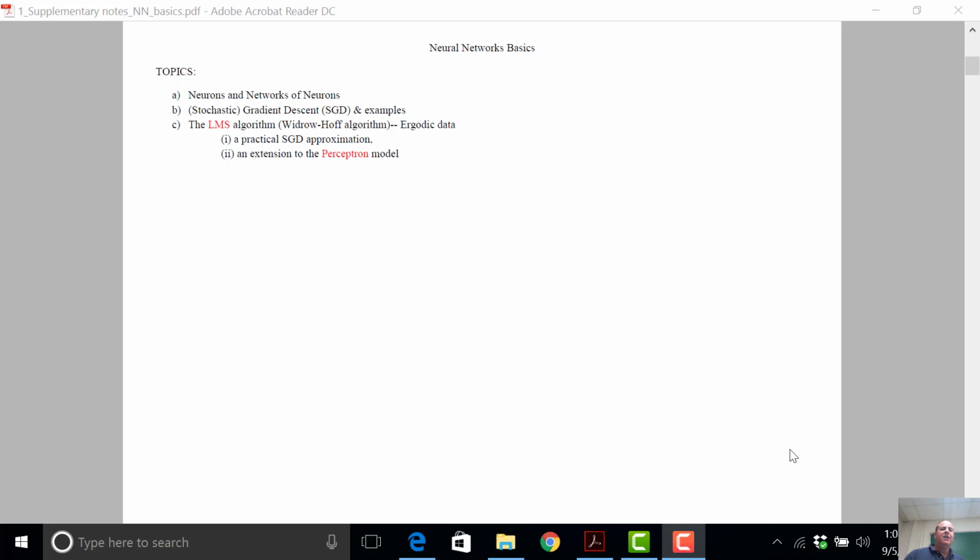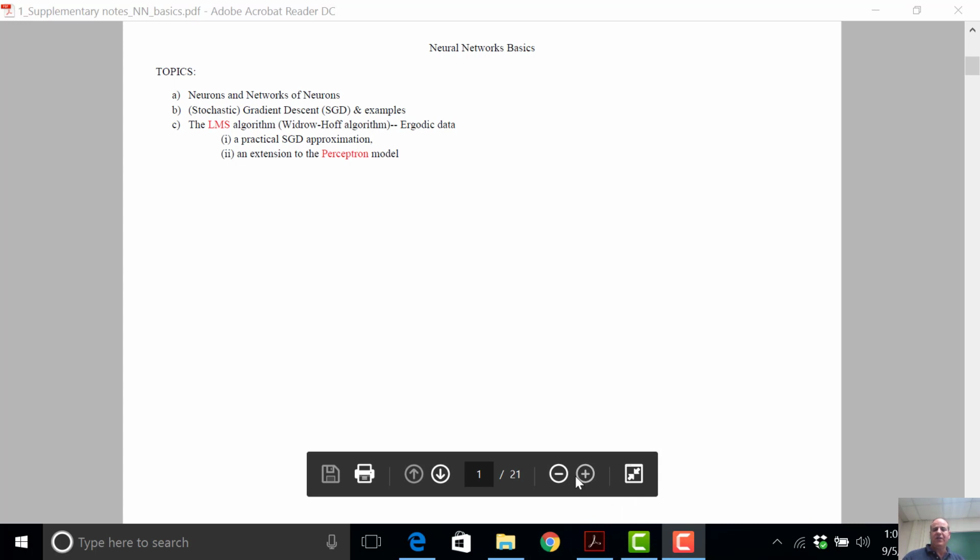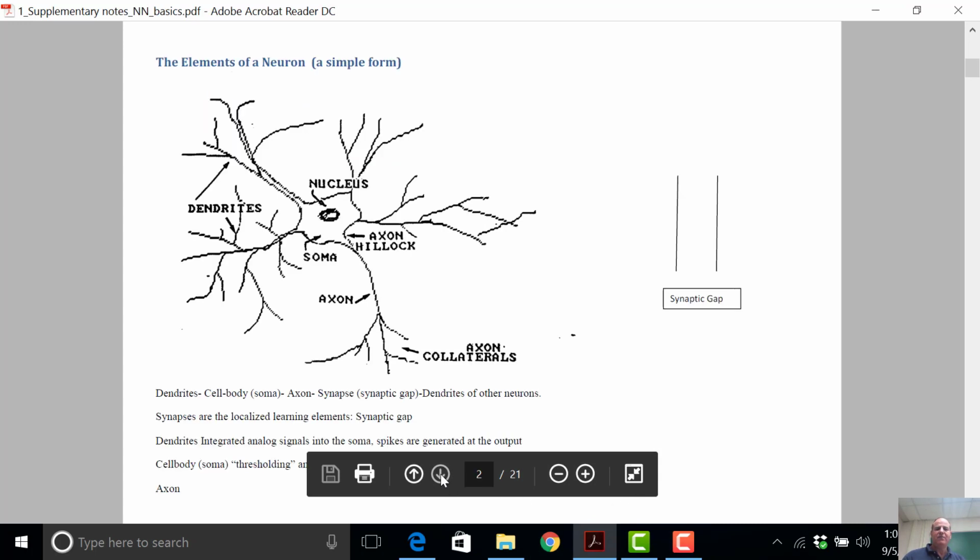So we begin with neurons and neural networks. The motivation comes from neurobiology, where the core element is the neuron, and in the simplest possible way, let's make it a universal structure. A neuron has branches called dendrites that receive data from neighboring neurons.